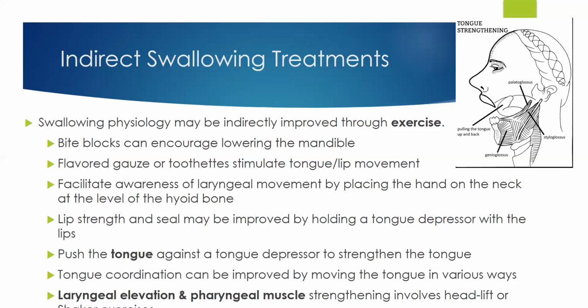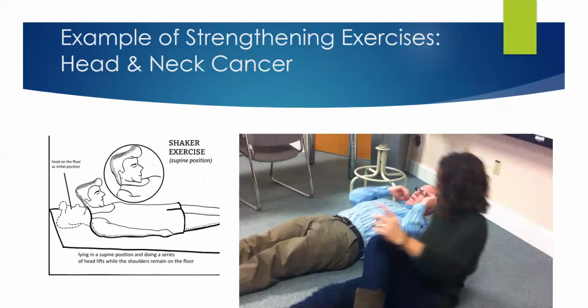We have a variety of muscles that we strengthen there. But the idea is that we can get a more rapid and timely laryngeal elevation to close the larynx more fully.